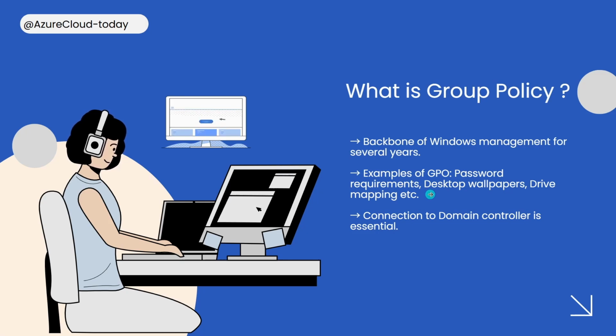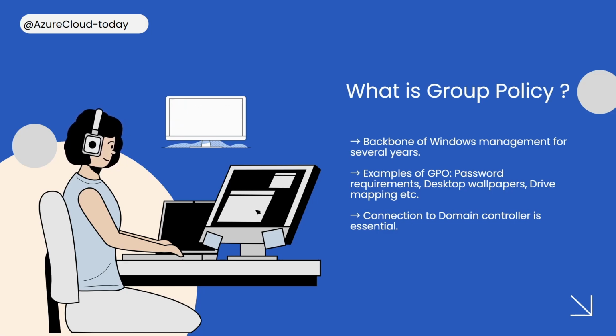Over here, the connection to a domain controller is essential. What happens over here is, in a domain controller, a module or a service is installed, which is Active Directory. Now, when you install Active Directory, you also get a management console of Group Policy Management.